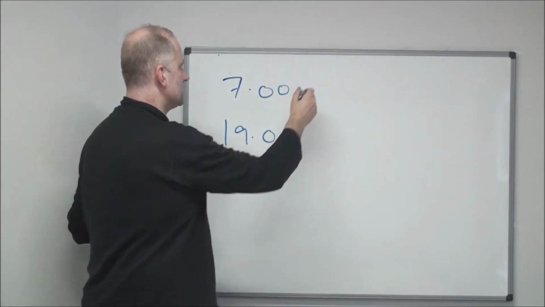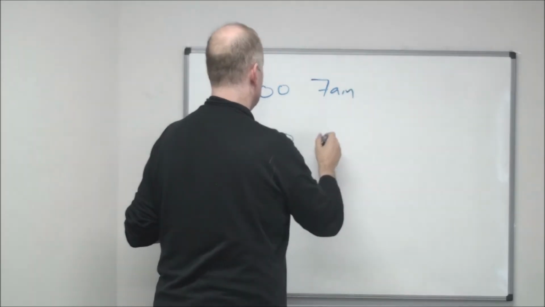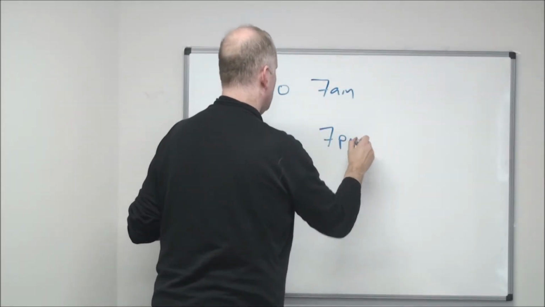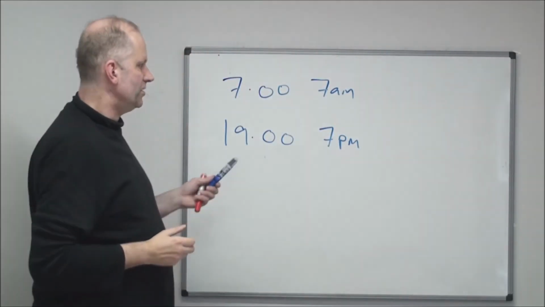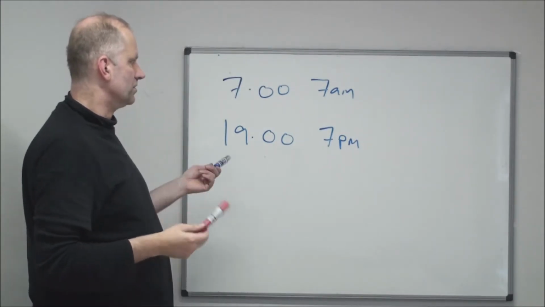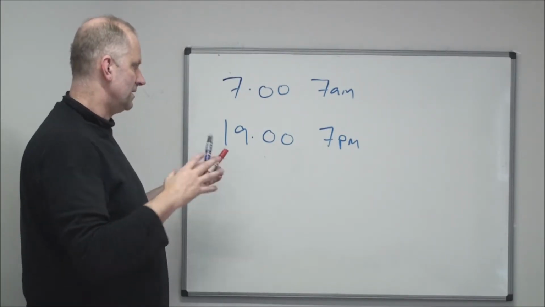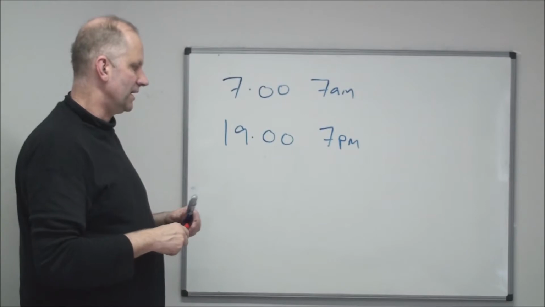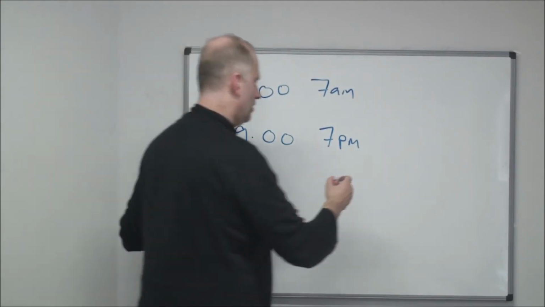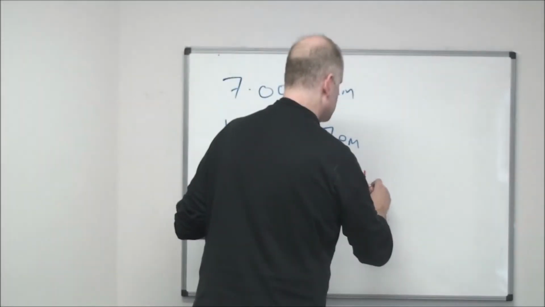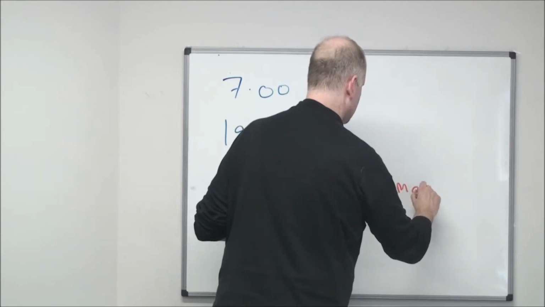So it could be 7 a.m. or 7 p.m. The way that you say if it's 7 in the morning or 7 in the evening depends on the word. The word for morning is la mañana.